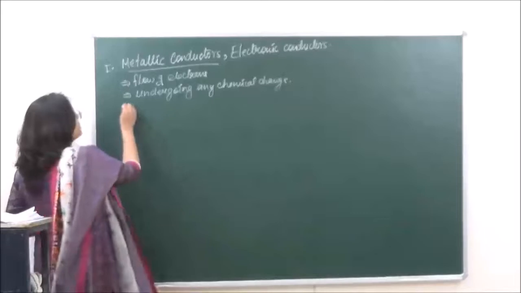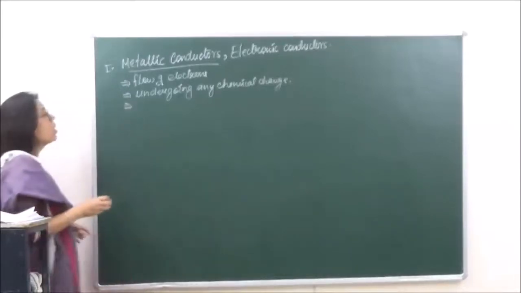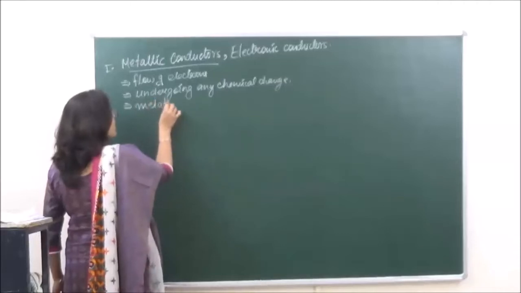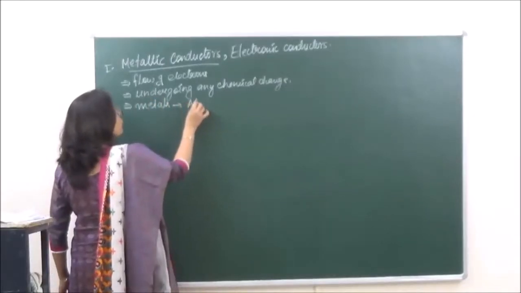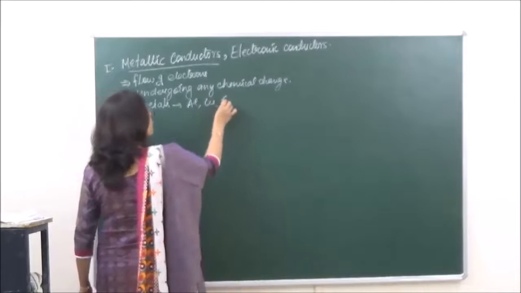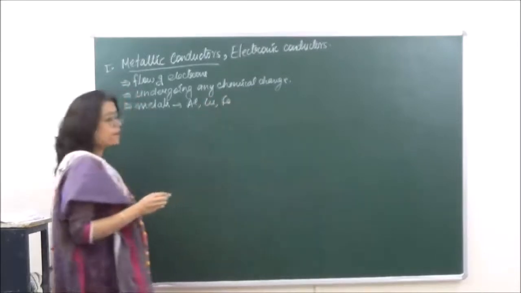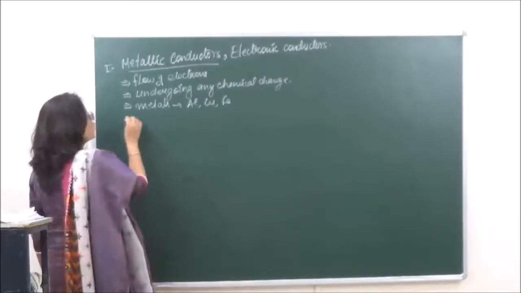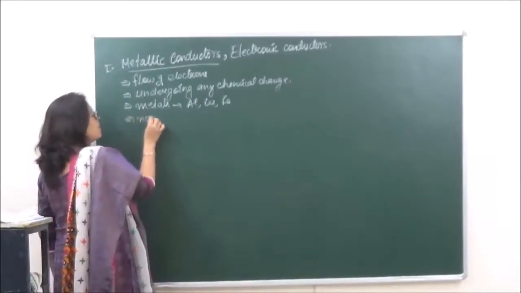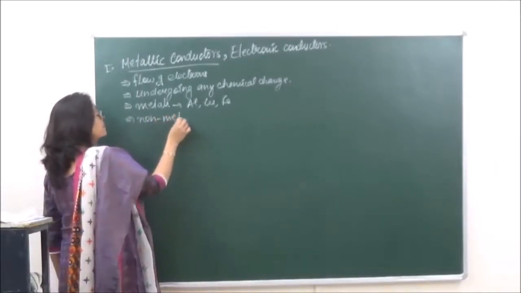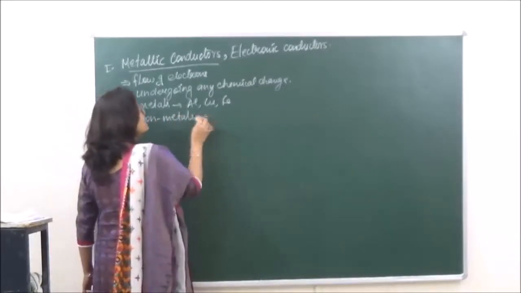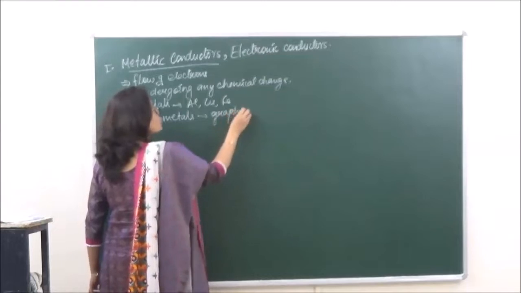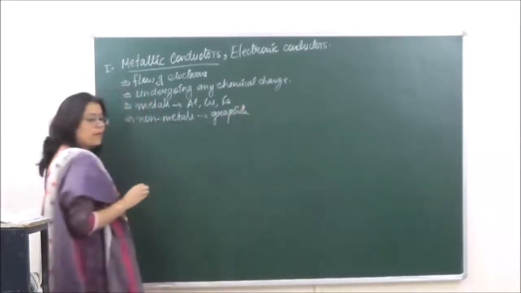Now, what are the substances or examples? All metals come under this category. For example, we are talking of aluminium, iron, copper. All these are going to conduct electricity. Then also non-metals like graphite, that also conducts electricity by flow of electrons.